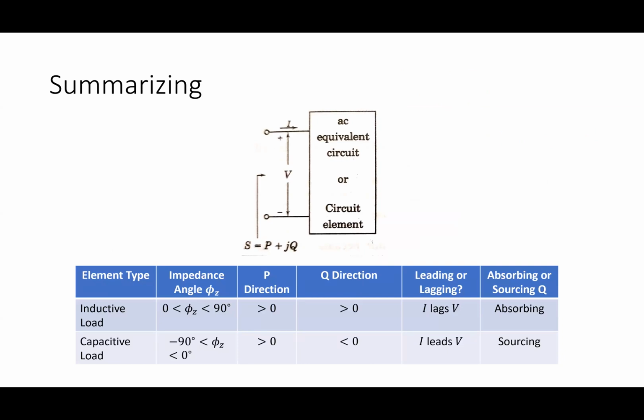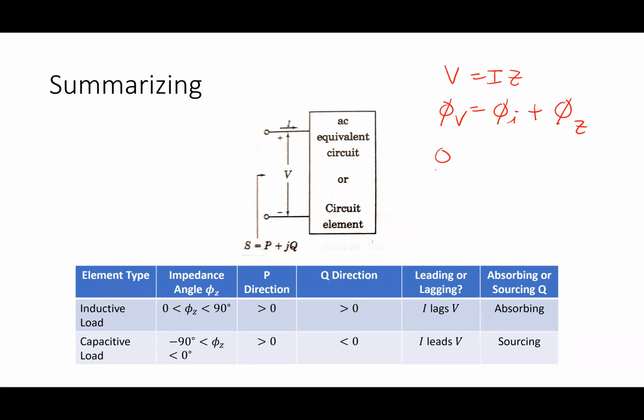We said an inductive load is said to be lagging because the current lags the voltage. A capacitive load is said to be leading because I leads the voltage. What does that mean? From Ohm's law, V equals I times Z. So the angle of the voltage equals the angle of the current plus the angle of the impedance.